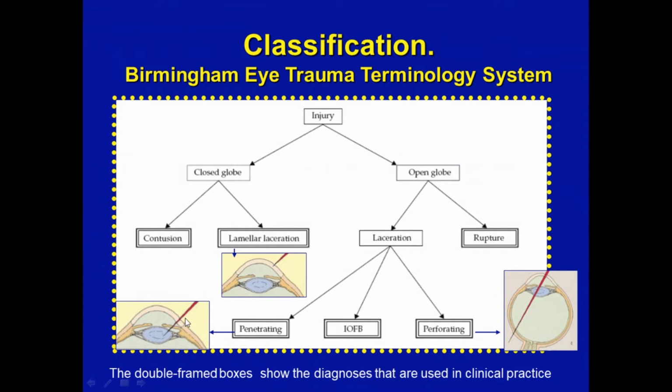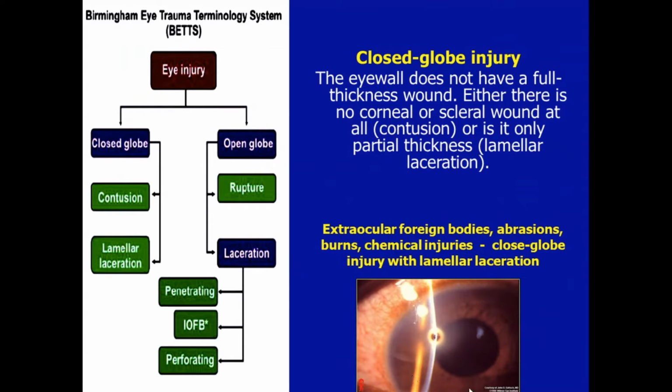Penetrating: one hole. Perforating: two holes. Again, on this picture you see the Birmingham Eye Trauma Terminology System classification, and we will speak about all these traumas. We start from the closed globe injury.